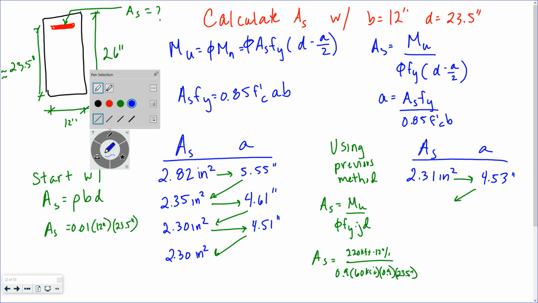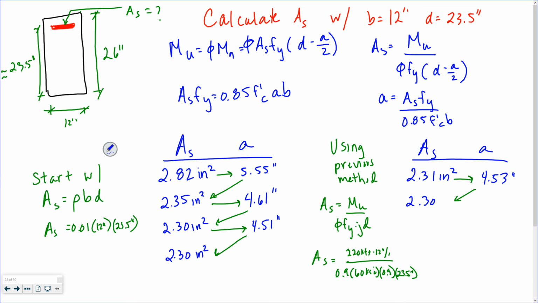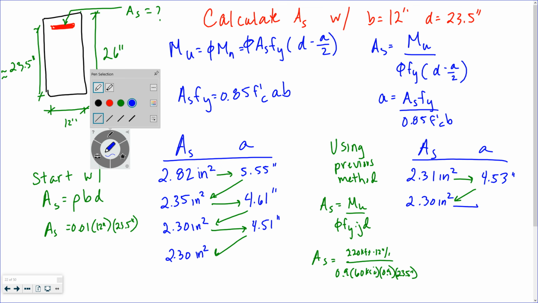But if I use that in the A equation, 2.3 inches, right? You can see it, it really hasn't changed that much. And then I don't even know, this will probably end up with 4.51. I'm just looking at what I did on the other side.